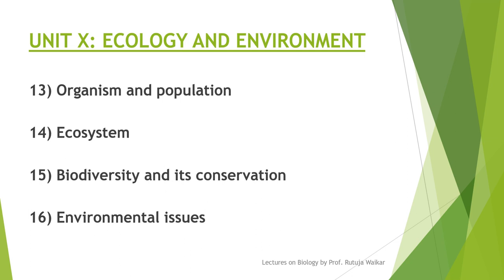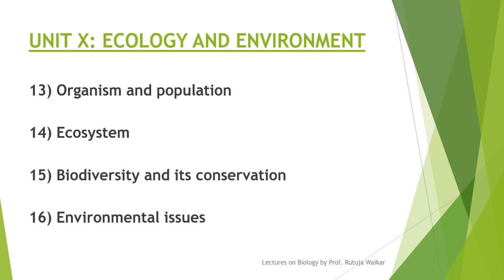In this you have to study the habitat of different types of organisms, what ecological adaptation is, and population interactions. You already studied mutualism, competition, then growth, what is the birth rate, death rate, and age distribution. Such study we will do in chapter number 13, organism and population.